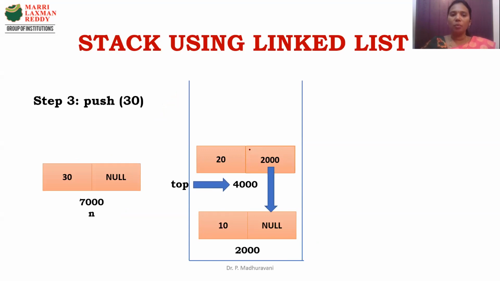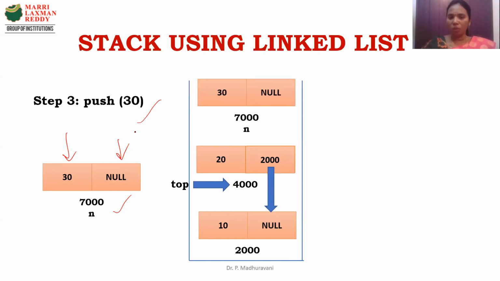Now we'll see another push operation, that is 30. Allocate memory for the node structure, refer to it with the name n, set the data field to 30 and make the next null. Now push this n onto the stack. Now this should become the top node. In that case, first you need to give the link between n and top, simply holding the address of top in the next reference of n as n next equal to top, and then make this n the top, like top equal to n.